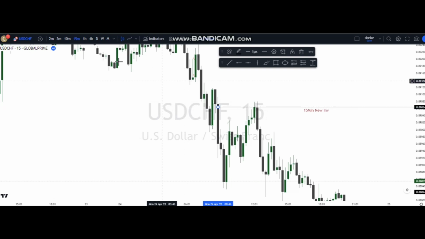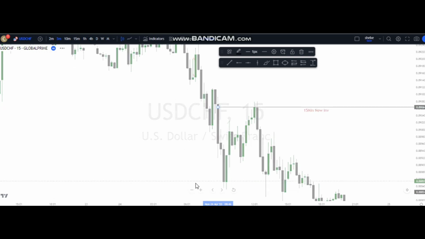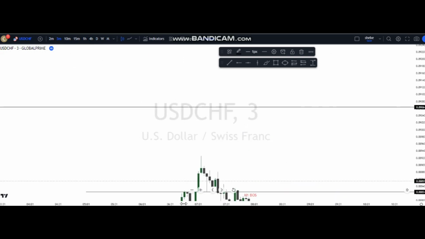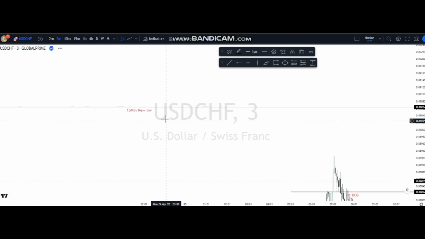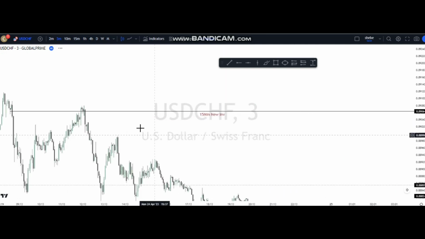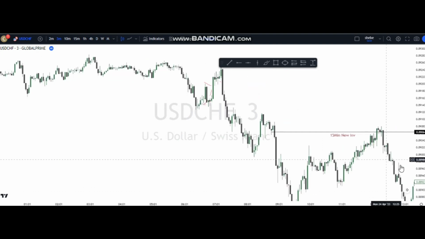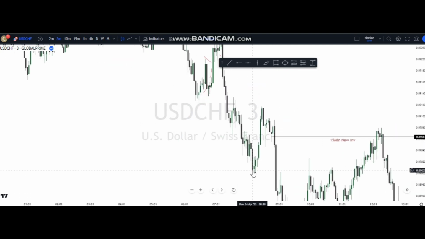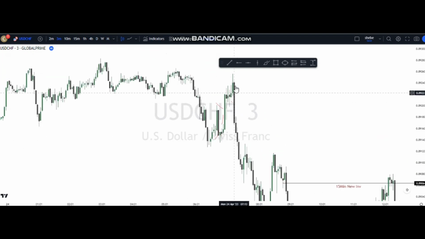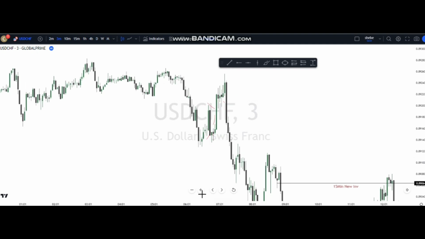That was not full enough. We just go lower to 3 minutes. If you come to the 3 minutes time frame, just find a precise point. If you come to 3 minutes, just below the 15 minutes, from this point, this was low and this was high. This was low, this was high. Then there was the break of structure here.